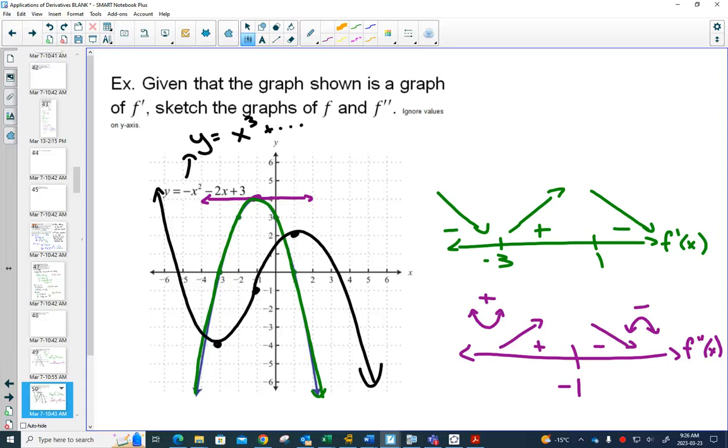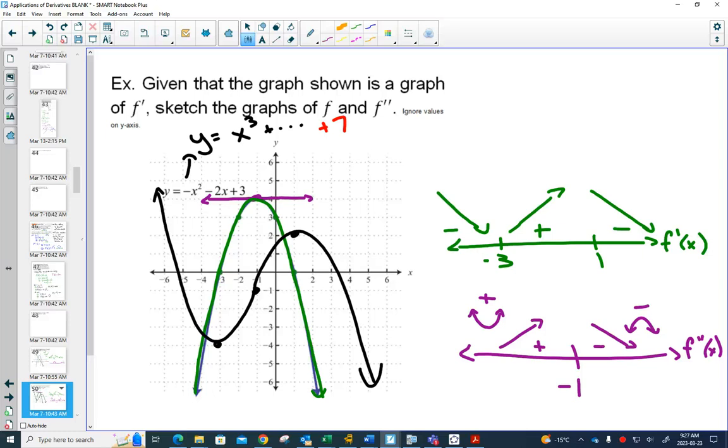But in your original x³ graph, can you see that there could have been a +7 at the end, and when you take the derivative of a plus 7, it goes away. It could have been a plus 17 at the end, and when you took the derivative, it would go away. If you think back to transformations in grade 12, what happens when you add or subtract numbers on the end of a graph? It moves it up and down.